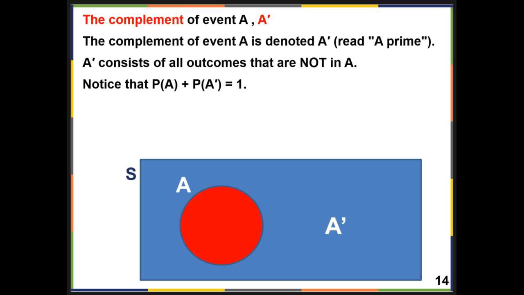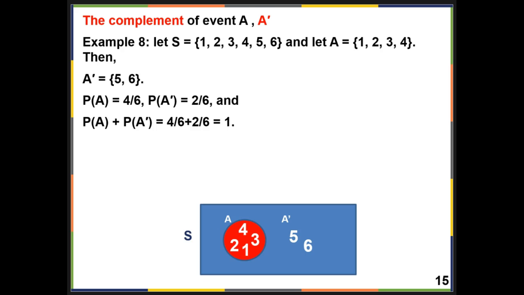If the area of the rectangle is considered the probability to get outcomes in the sample space, then the remaining blue area is the probability to get outcomes in A prime, and the red region of the circle is the probability to get outcomes in A. The complement of A is A prime.